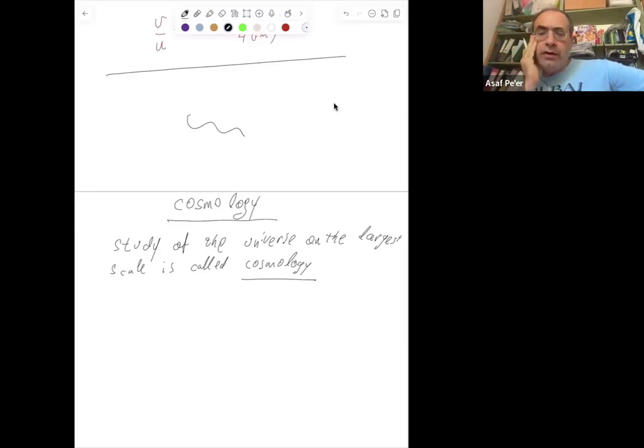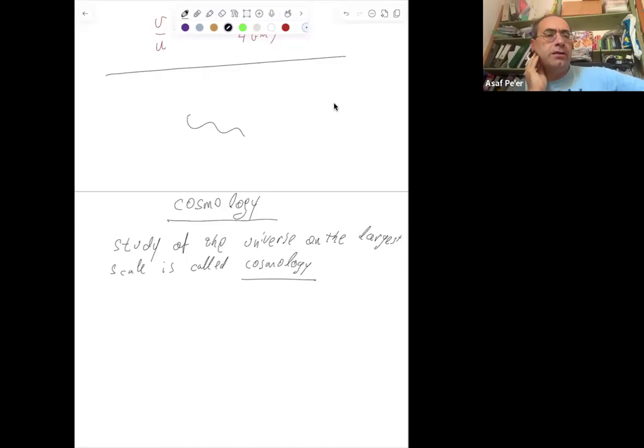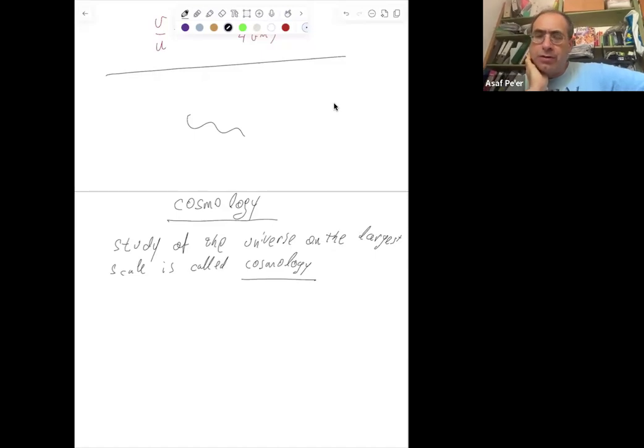And modern-day cosmology is based on what we call the cosmological principle. To understand it, we have to go back. It's based on the idea of Copernicus, which is called the Copernican principle. And what did Copernicus say?